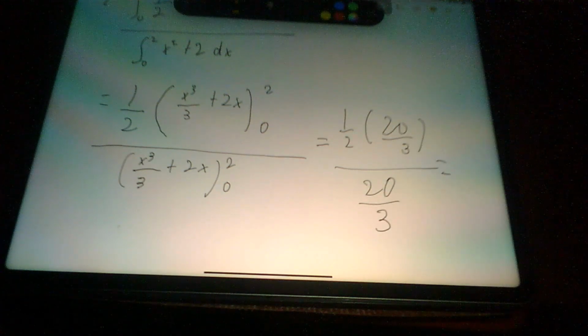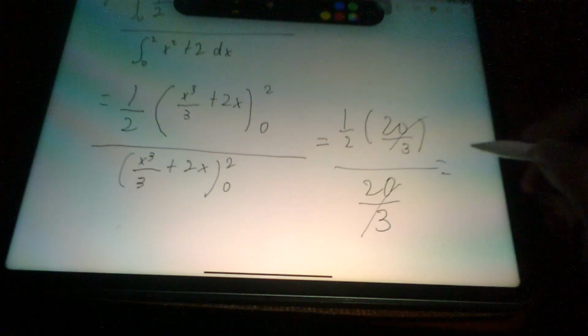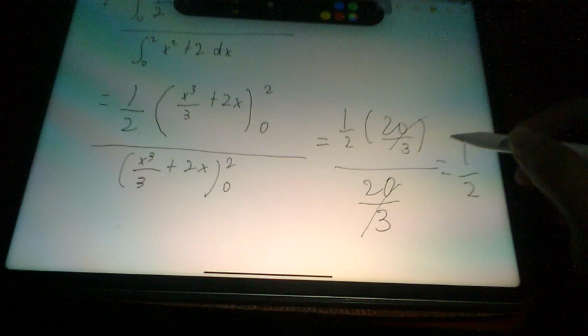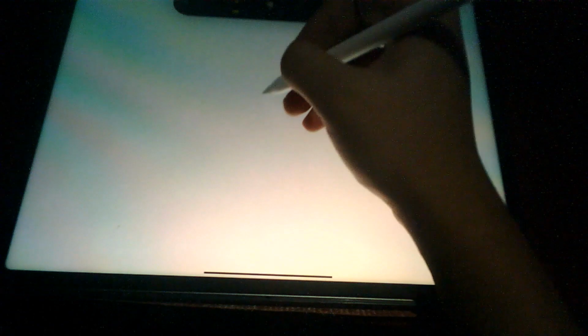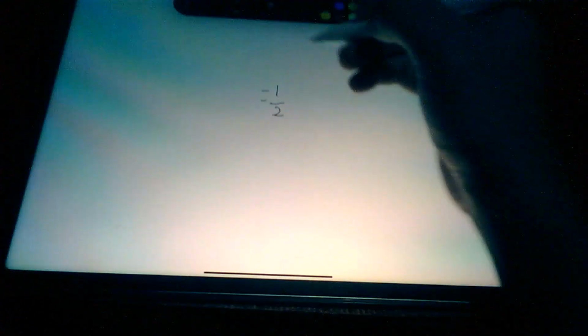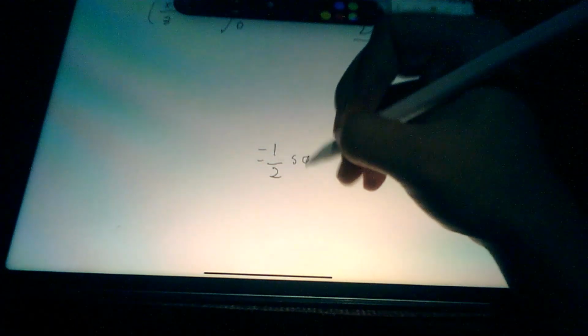This will just become 20 over 3, and they cancel each other out, so this will become 1/2. Let's put here a final answer: 1/2 square units.